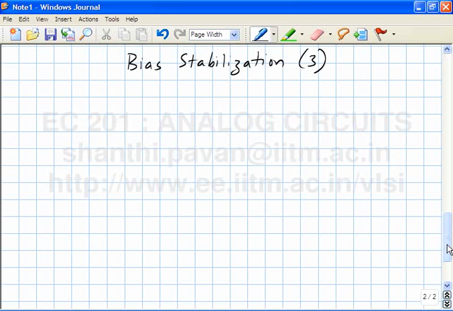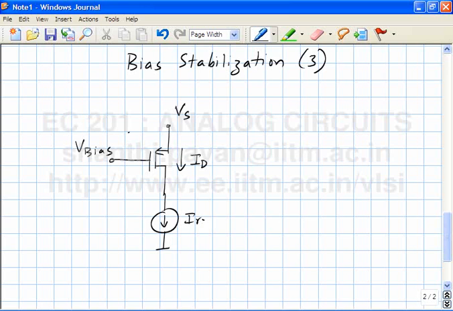So that gives 4 possibilities. The third possibility is, so we agree again that the gate is fixed to some bias voltage. So you measure current through the drain, compare it with Iref.